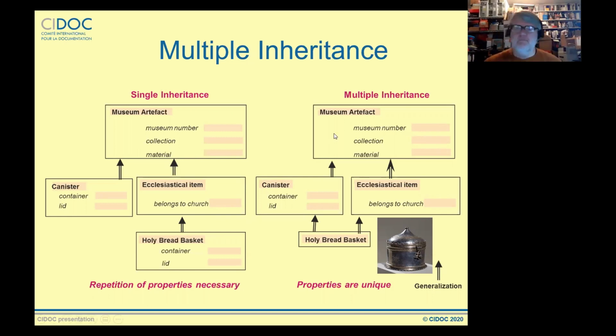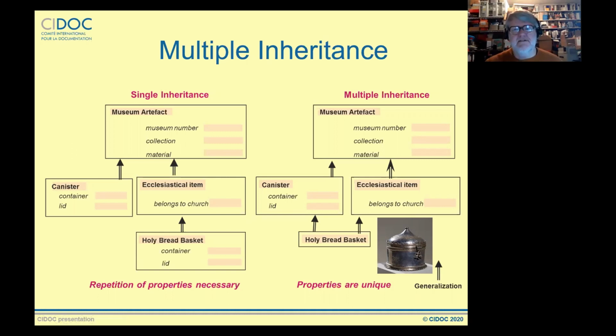Whereas if I use multiple inheritance, here I can say that a museum artifact is either a canister or an ecclesiastical item, and a holy bread basket is both a canister and an ecclesiastical item. So it gets the ability to have belonging to a church, the property belongs to a church, and the properties about containers and lids. So now a holy bread basket, instead of having a separate link to containers and lids, inherits the link from canisters.